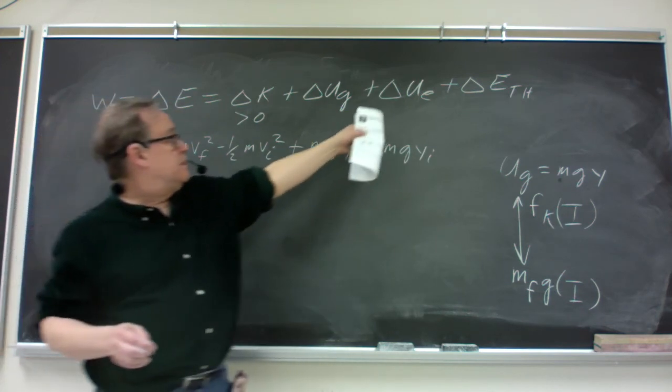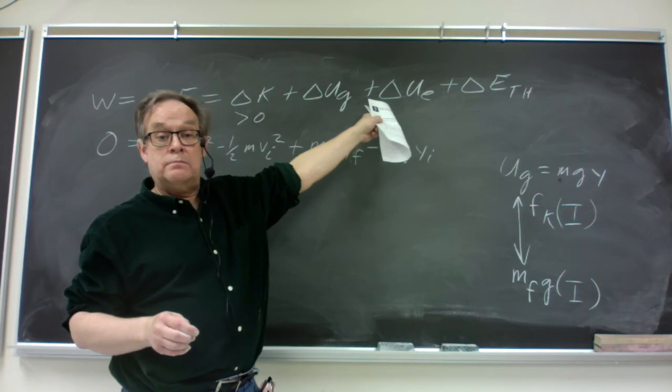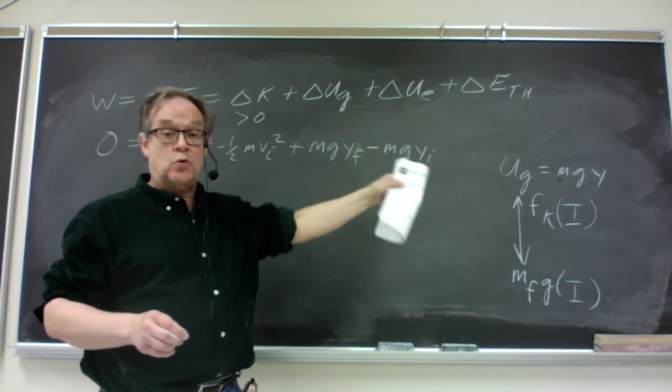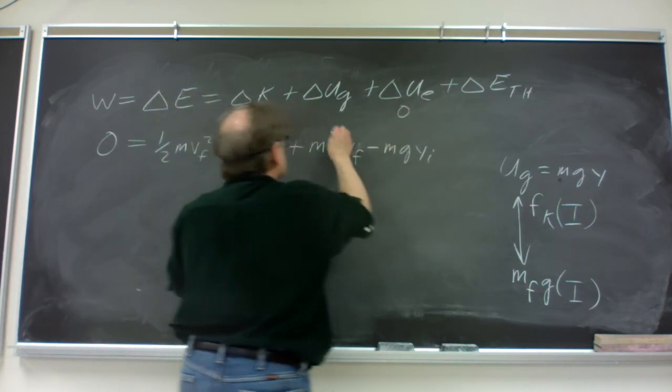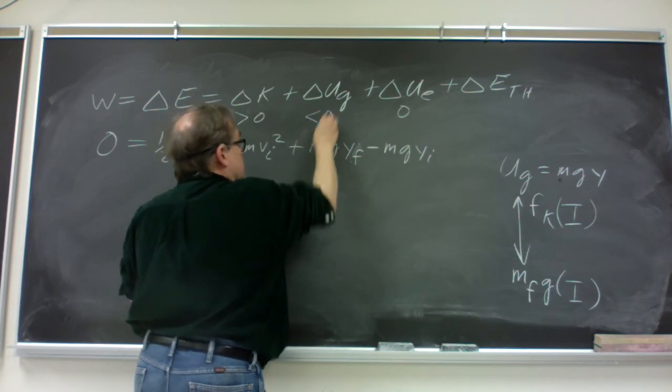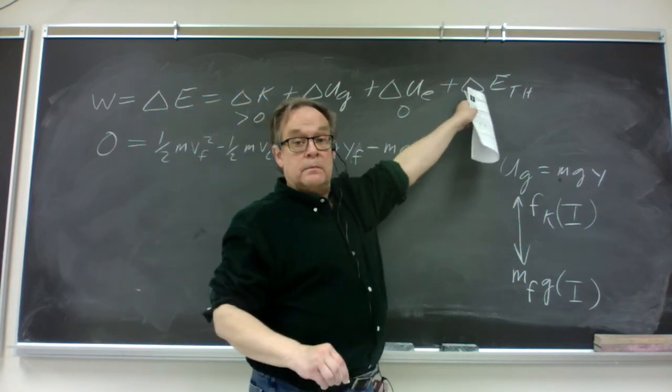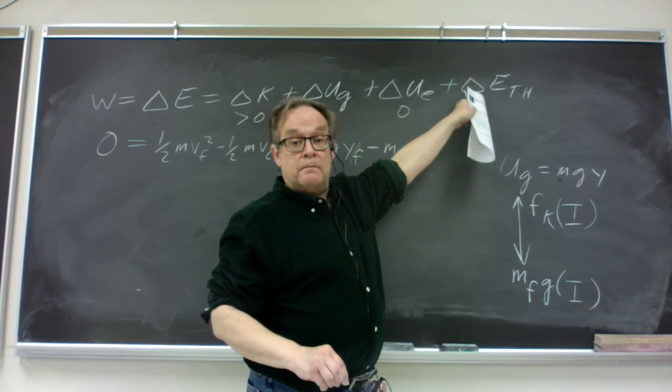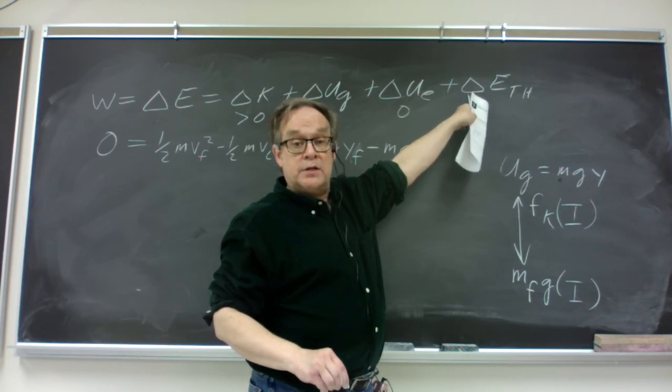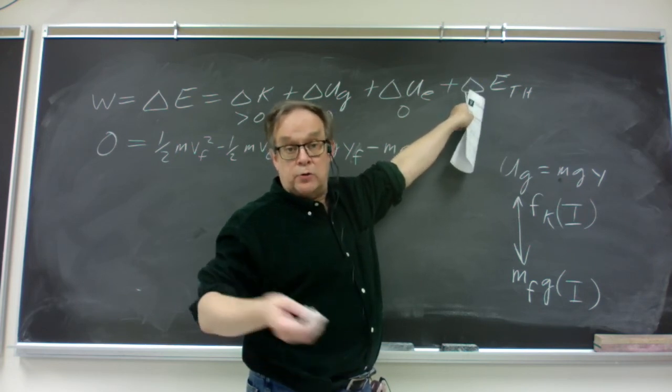And then there was no change at all here, so that doesn't add anything to our equation. And then this change was a negative change, a decrease. And this changes also. This is a positive number, this is not 0, and since this is not 0, we include it in the equation.